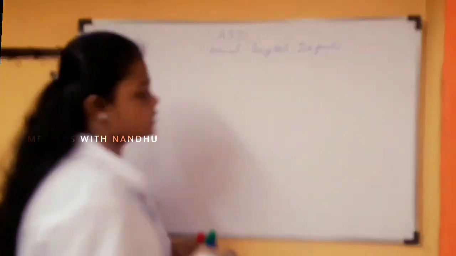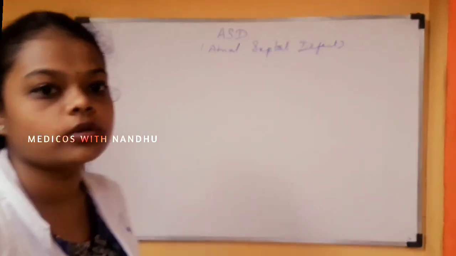So this is ASD, and for ASD we should first know the normal circulation.